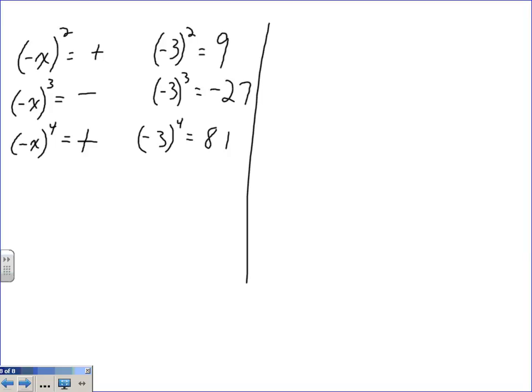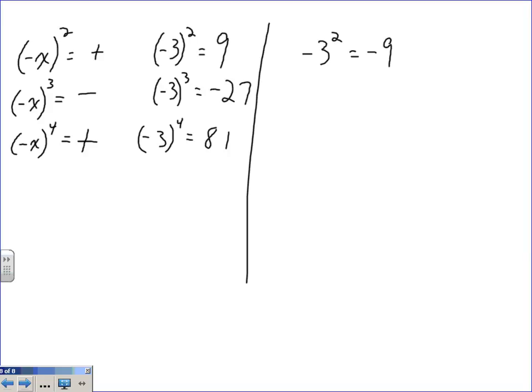Now, there's a difference. Look at this problem. It is parentheses, negative 3 and then squared. What that means is negative 3 times negative 3. If you were to put this into your calculator, that is correct.